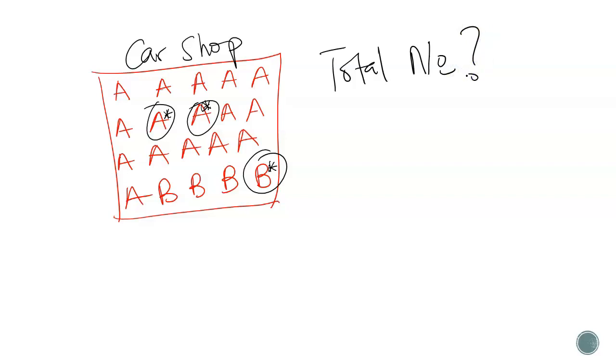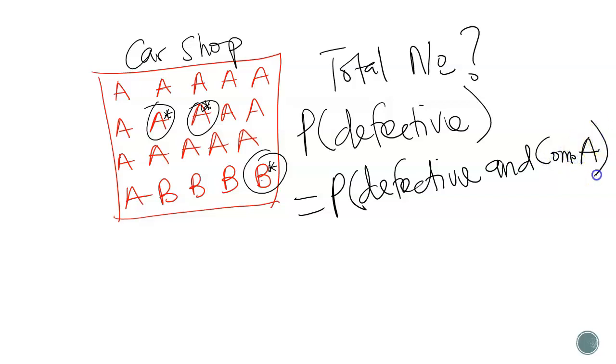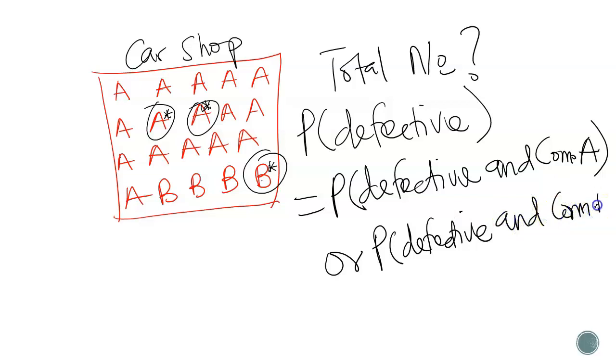And we cannot randomly say that we are picking these 3 and using that to find the probability, because some of them will be coming from A and some from B. So I have to get the probability that it is defective and coming from Company A, or the probability that it is defective and coming from Company B. This is what we are trying to compute here.